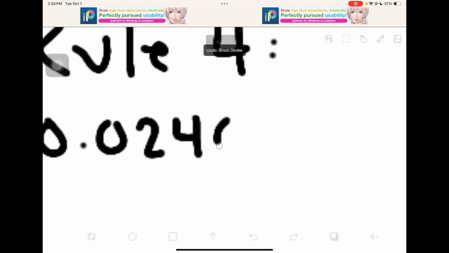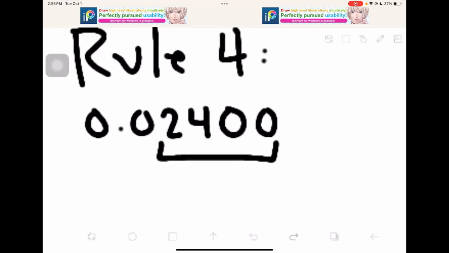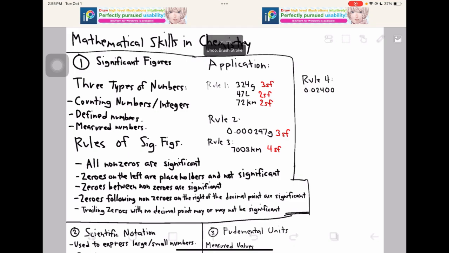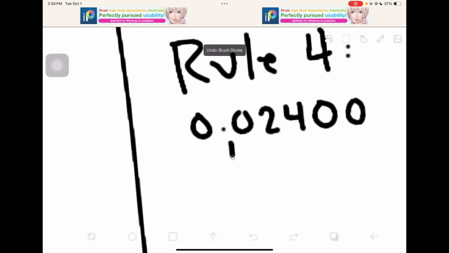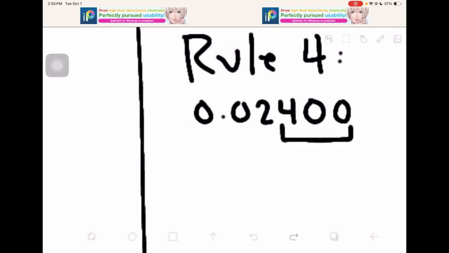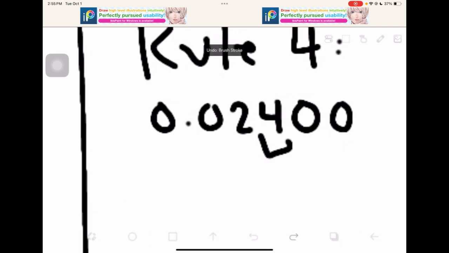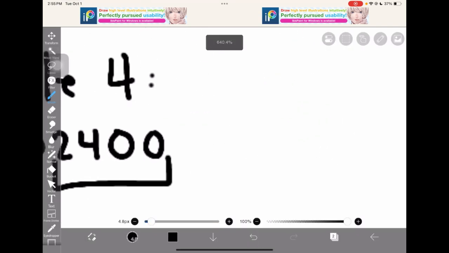However, 0.2400 has 4 significant figures because, as we stated, these zeros are on the right of the decimal point, and make sure it follows a non-zero. So these 2 are counted because this is a non-zero, and this one is not counted. So this is 4 significant figures.